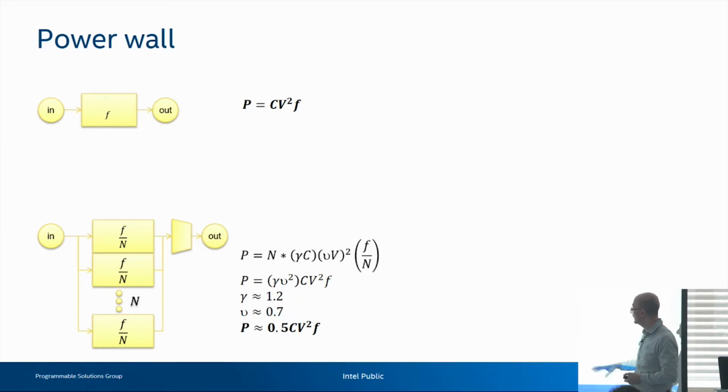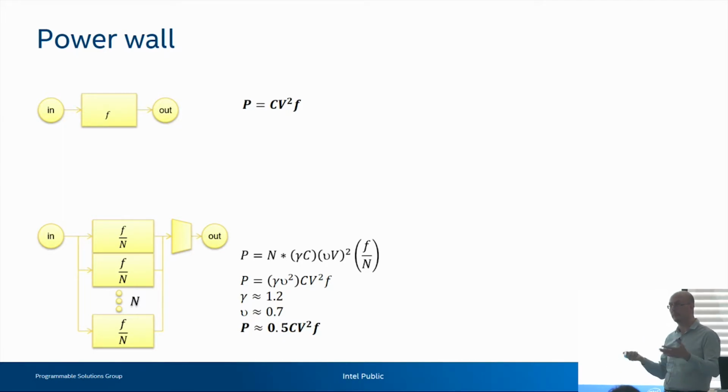And if you think about different numbers associated with the parallelism you explored and the amount of capacitance per parallel node and how it impacts your overall function, you could actually get the same job done in a parallel system in a less power-hungry way compared to a single node implementation.